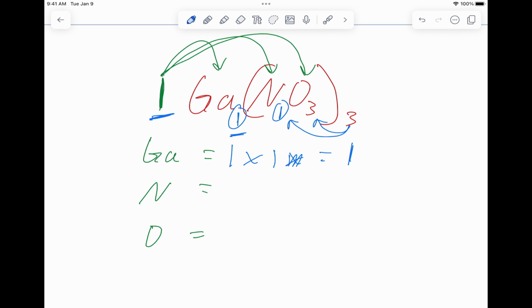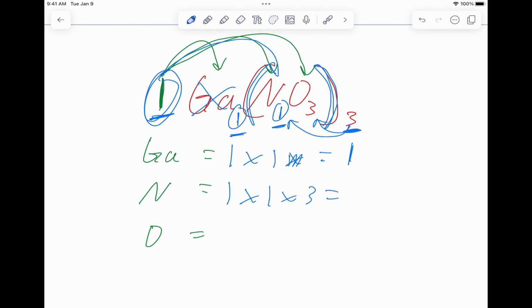The nitrogen, I'm going to have 1 right here out front to the nitrogen, which is another 1, but it also has a 3 out there because that 3 goes back to everything inside of these parentheses. It does not affect the gallium. It's only the thing that's in those parentheses. So I'm going to have a 1 times 3, or a total of 3 nitrogens. Okay?